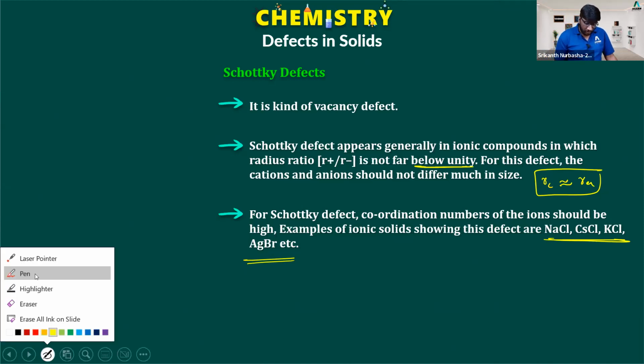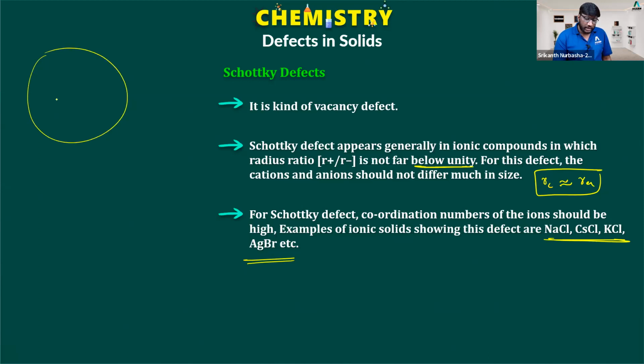Because if you have a cation which is much larger, with the same +1 charge, and the anion is much smaller, and I try to remove this particular anion, you can imagine the total size of the cation has just a +1 charge. So the distribution of charge is very poor, the +1 charge is very poorly spread. But here the charge density is greater.